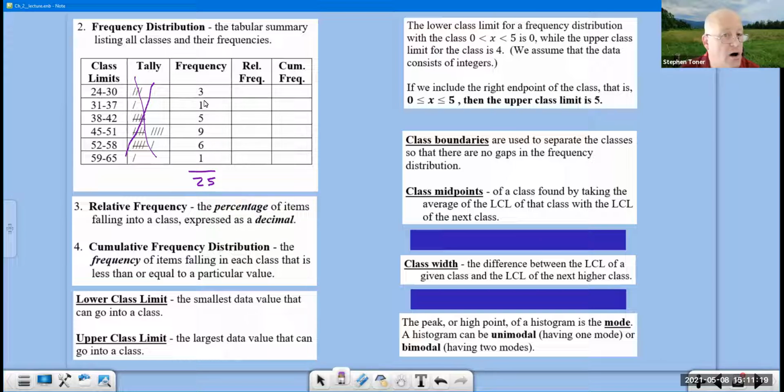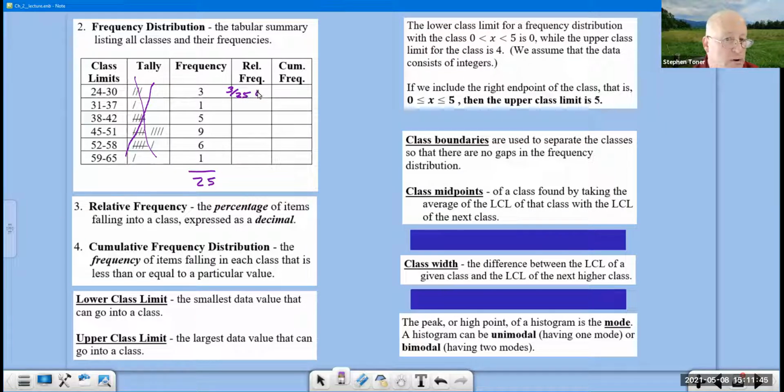Now, if I leave off the middle column and I go with the first and the 4th column, that would be a relative frequency table, and that deals with the percentage or fraction of values falling into a class, usually expressed as a decimal. So in this relative frequency, in this next position, we'd say, oh, 3 out of 25.